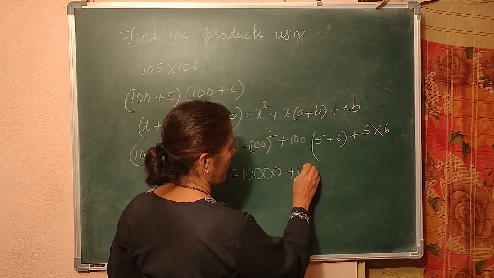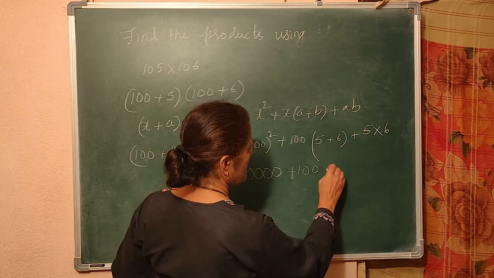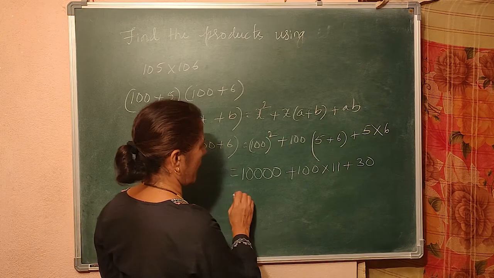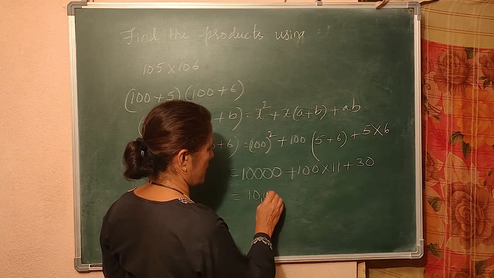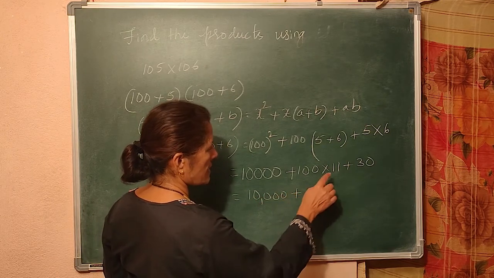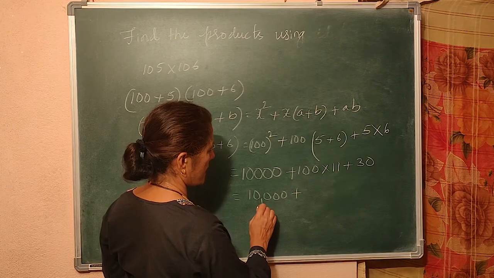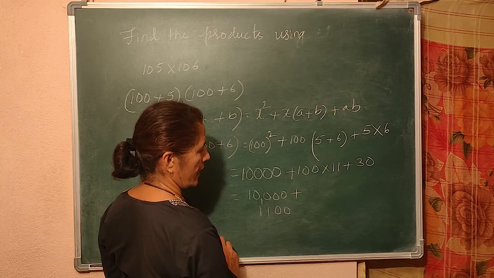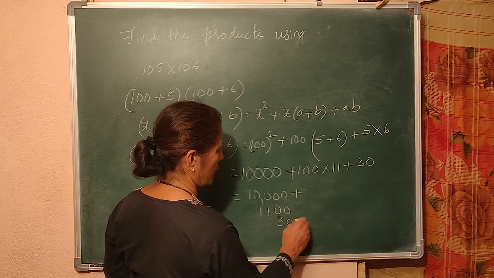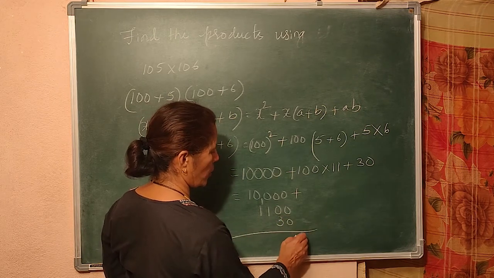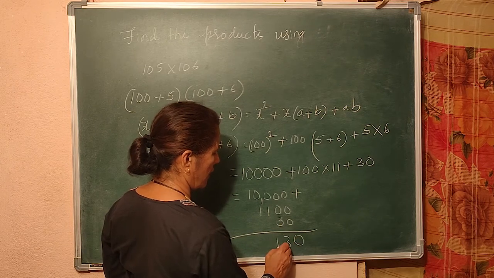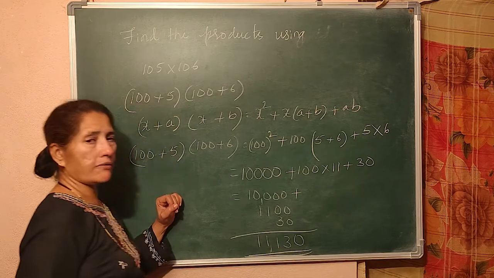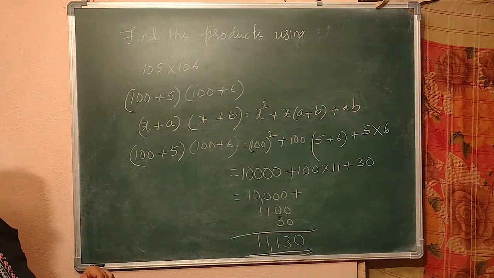Plus 100 into (5 + 6), 11, plus 30. So you get 10,000 plus 11 into 100 is 1100, plus 30. You can add like this. What is the answer? 11,130. Is it clear?